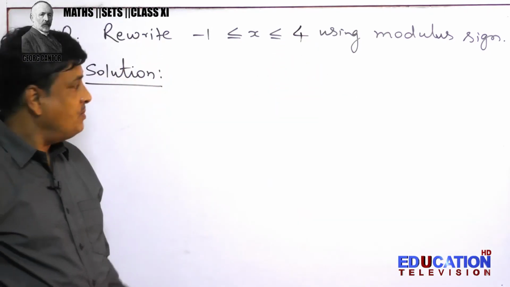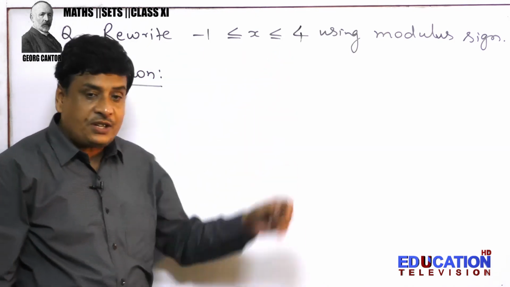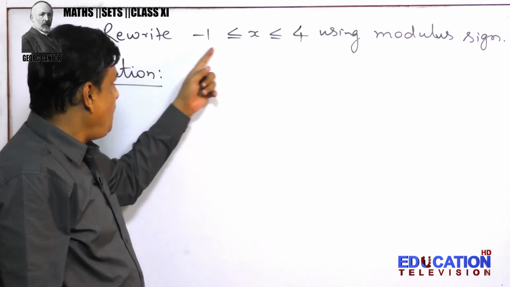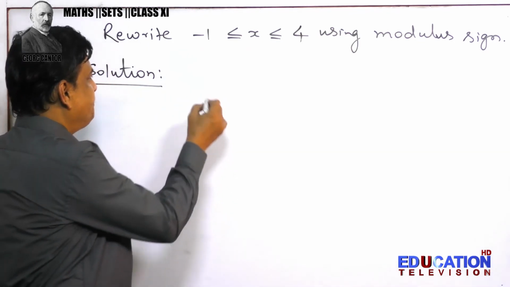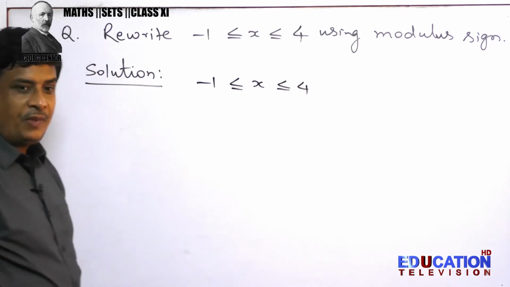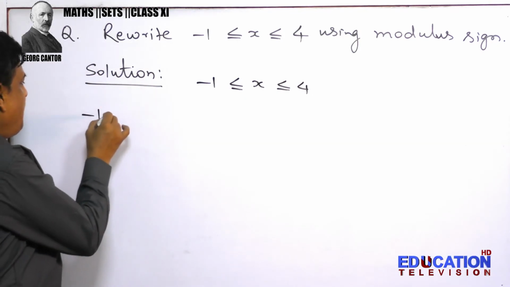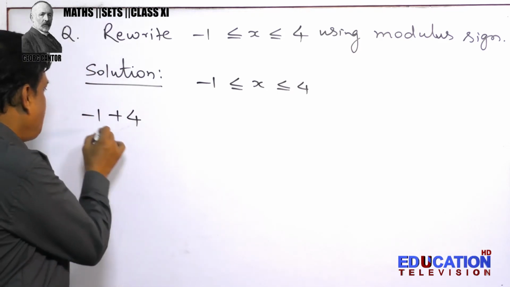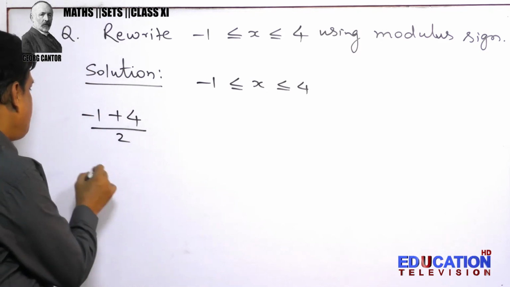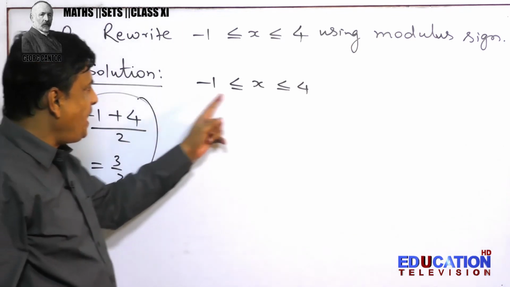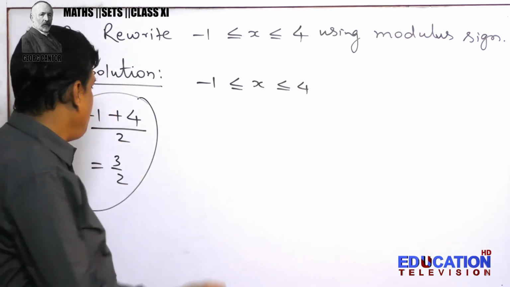If this is the question, minus 1 less or equal to x, less or equal to 4, using modulus sign, express this relation. By the same procedure, find the sum of minus 1 and 4, divide it by 2, it is 3 by 2. Subtract 3 by 2 from each term.